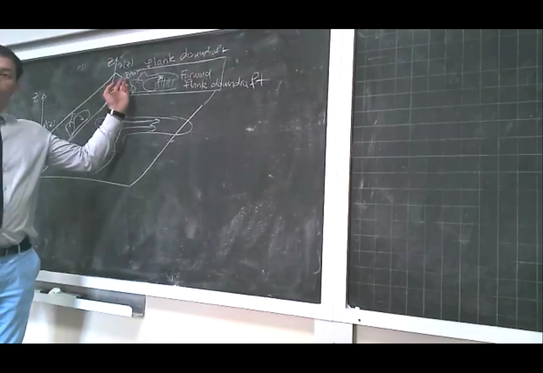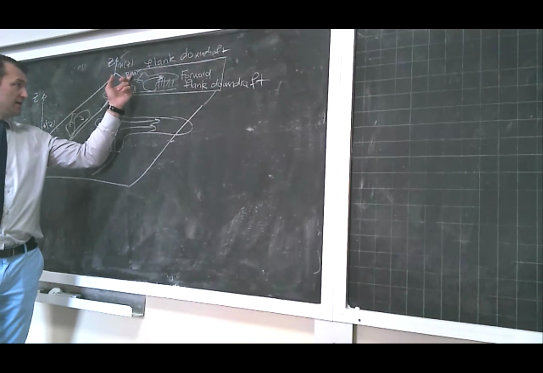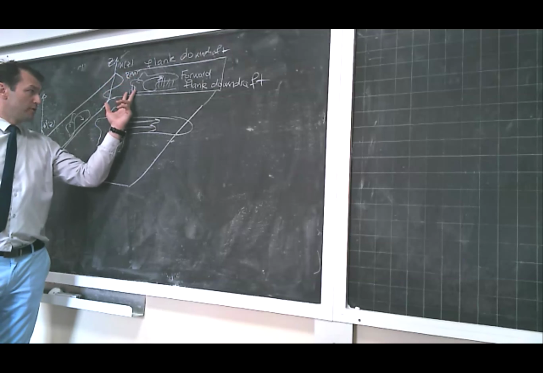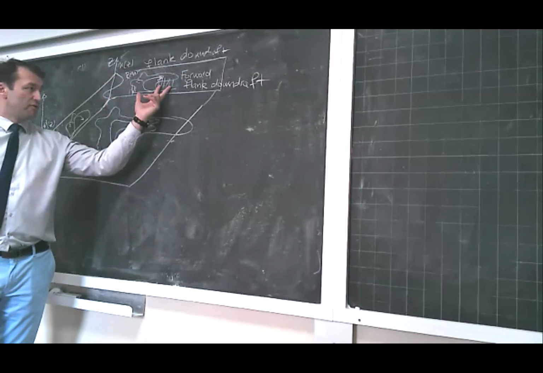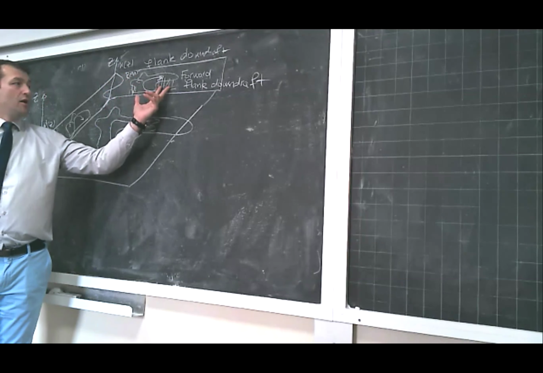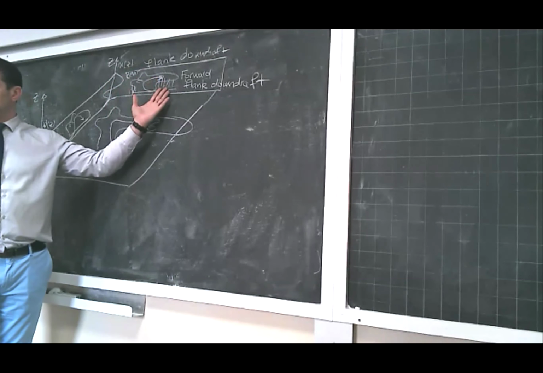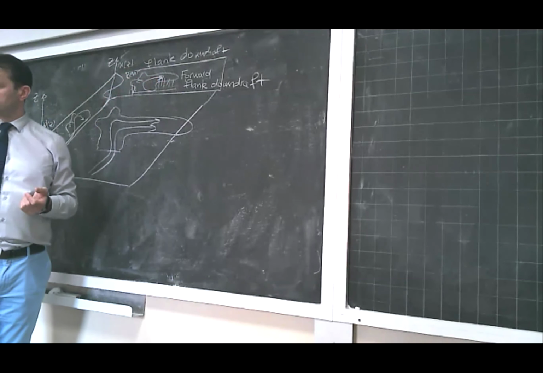So what I wrote here for online people is a rear flank downdraft. The rear flank downdraft, as the name suggests, forms in the rear of the cloud, forward flank downdraft forms in the forward part of the cloud. Forward flank downdraft has much more rain precipitation than the rear flank downdraft.